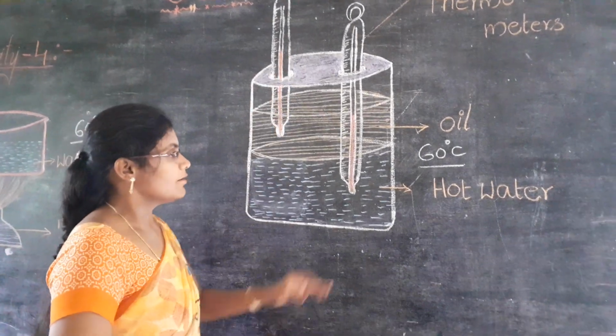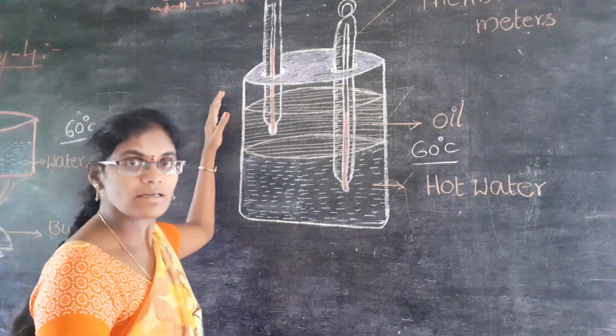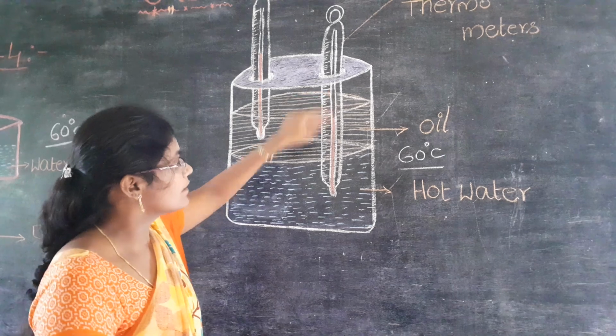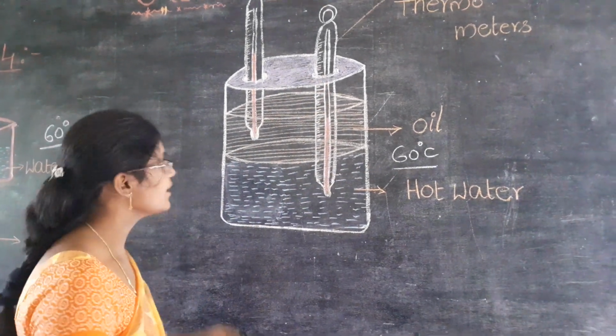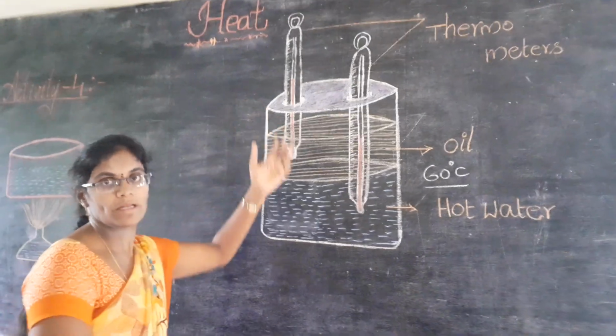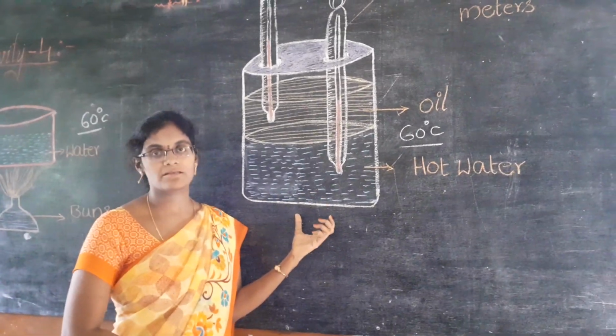Initially, the temperature of the water is 60 degrees and the oil is at room temperature. After some time, the temperature of the water decreases from 60 degrees and the temperature of the oil increases from room temperature. So, why does this happen?